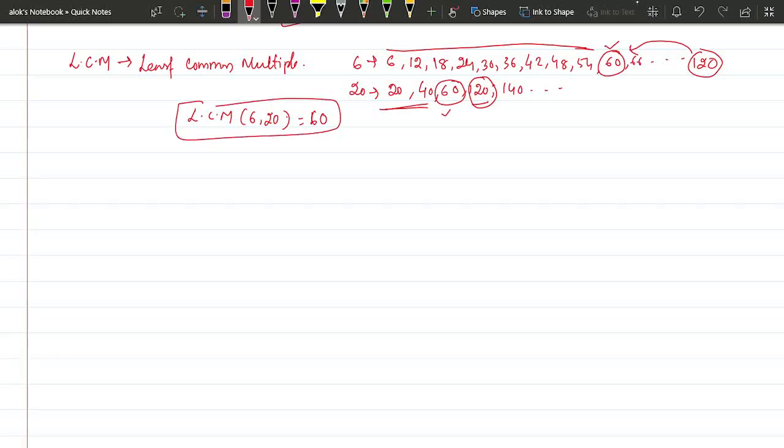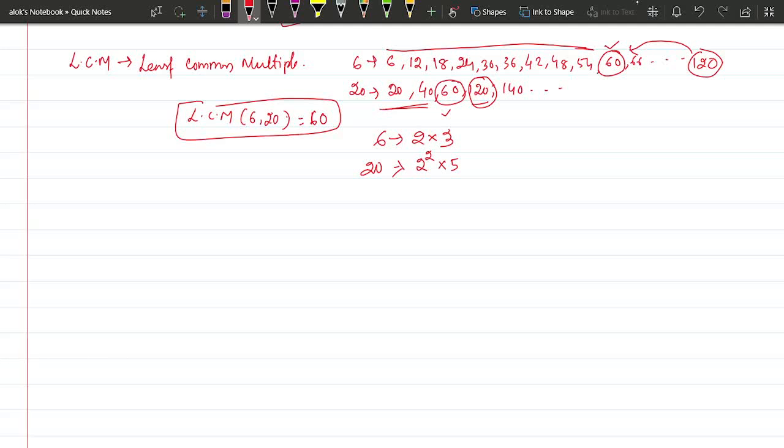In another way, we can find the LCM by prime factorization. Now what are the prime factors of 6? 2 into 3, and 20 is 2 to the power 2, which is 4, into 5. So this is the prime factorization of 6 and 20.